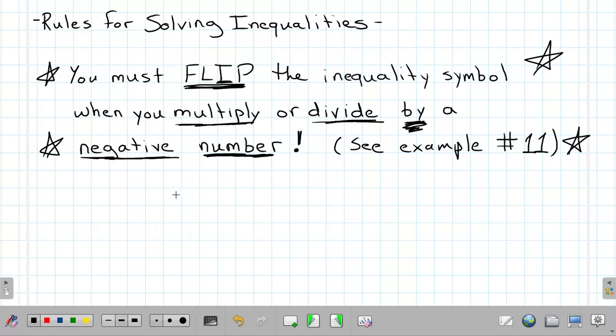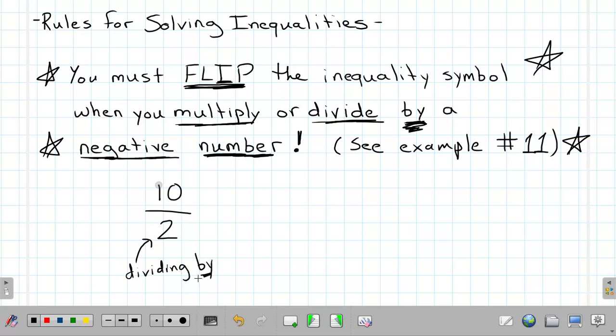So here, if I take the number 10 and divide it by 2, I'm dividing by 2.